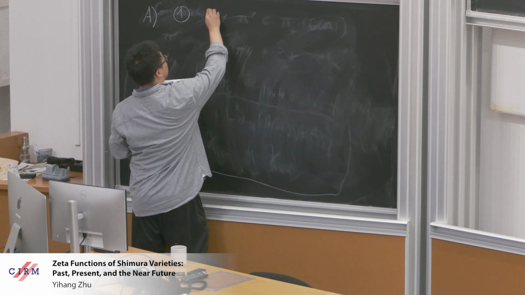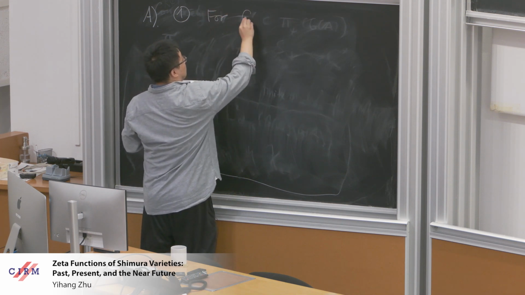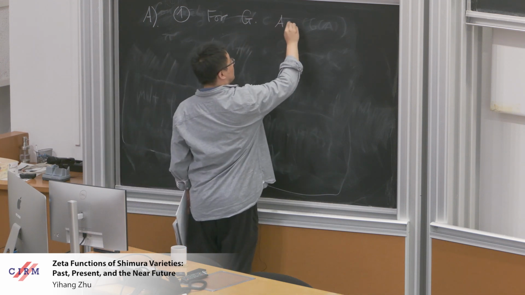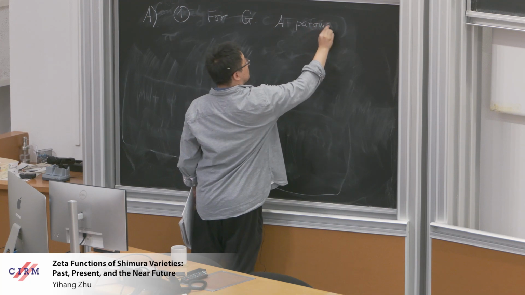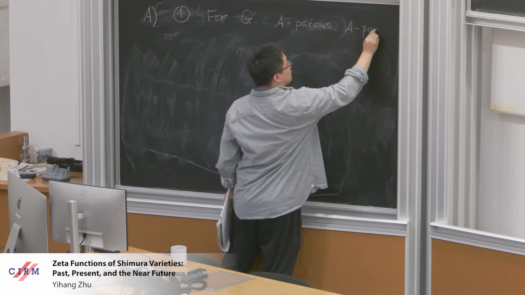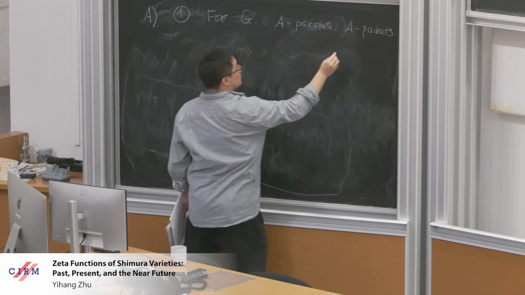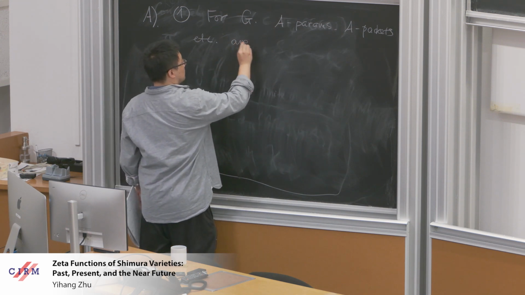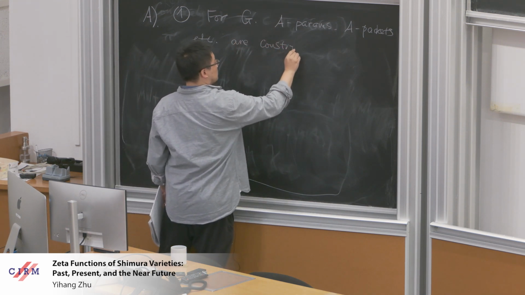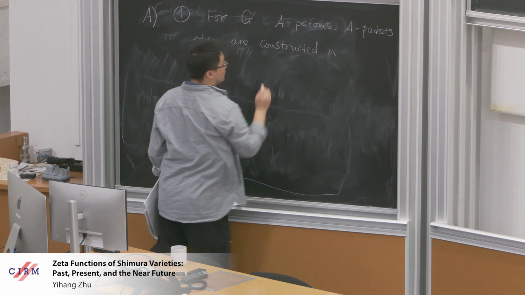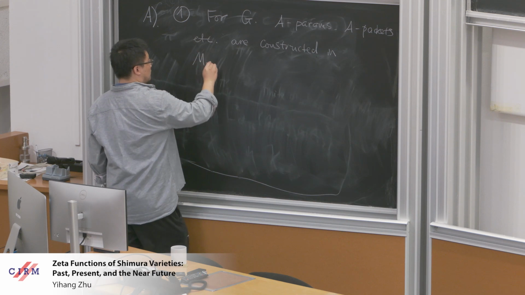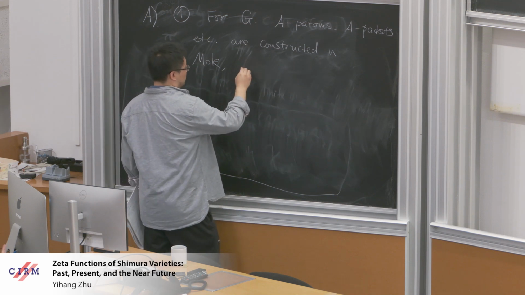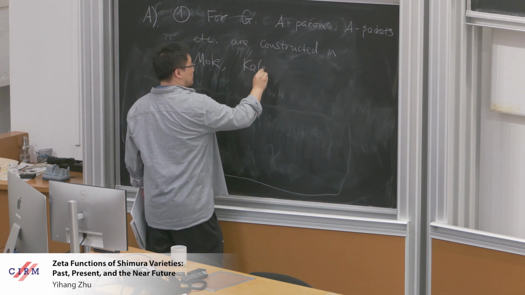So here, for this unitary group G, the honest unitary group G, A parameters, A packets, etc. are constructed in the work of Mok for quasi-split unitary groups and extended to inner forms in the ongoing work by colleagues at Mingus, Xin White.